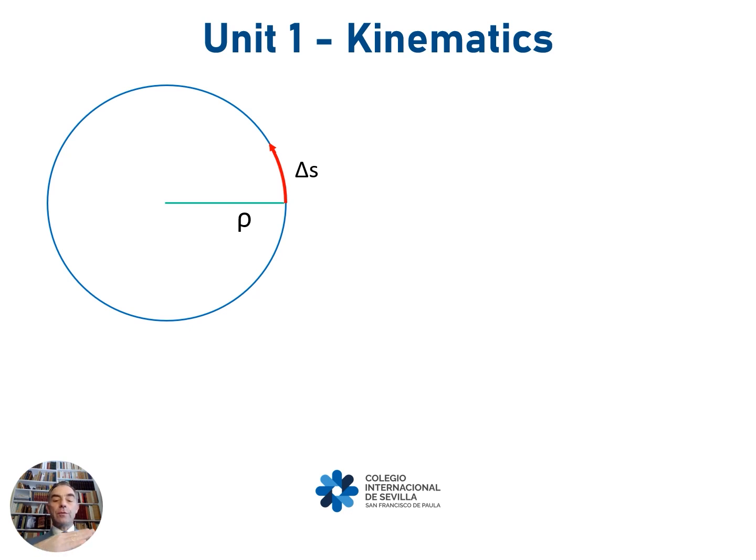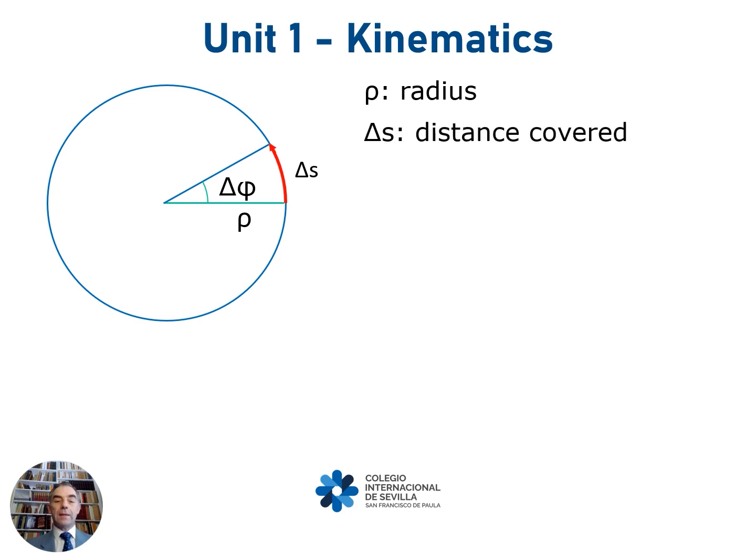As we move, the radius sweeps a given angle. We call that angle delta phi, the variation of the angle, phi being another Greek letter. So again, rho is the radius, delta S is the distance covered, and delta phi is the angle swept.